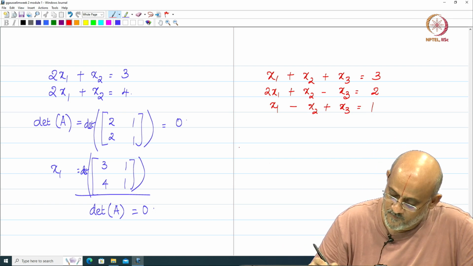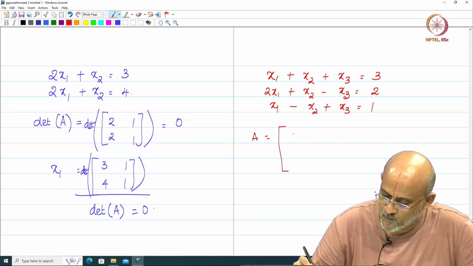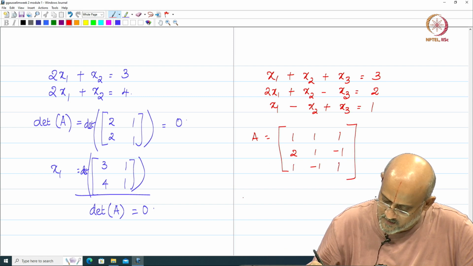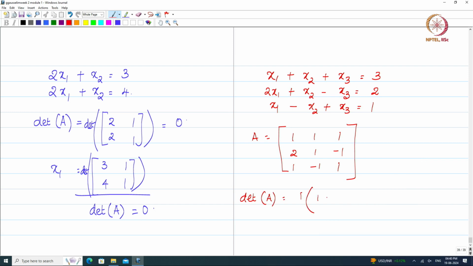Now, first of all, let us find out the matrix A. The coefficient matrix A is 1 1 1, 2 1 minus 1, and 1 minus 1 1. So the determinant of A, we all know how to get this. Determinant of A is 1 into 1 minus of 1 into 1 minus 1 1.